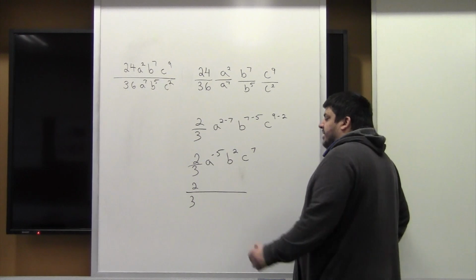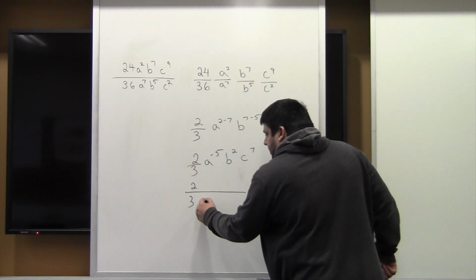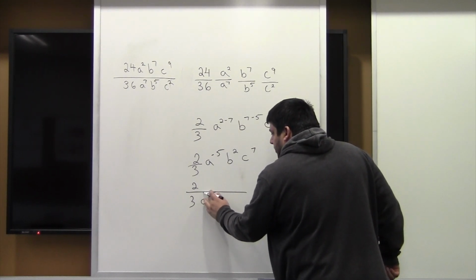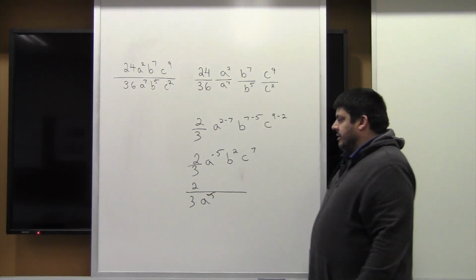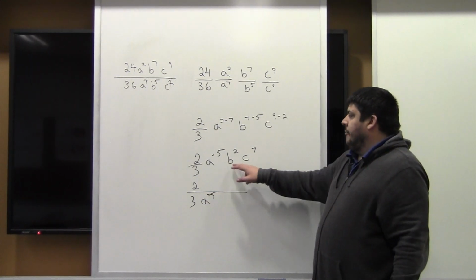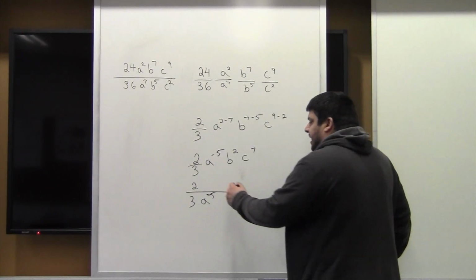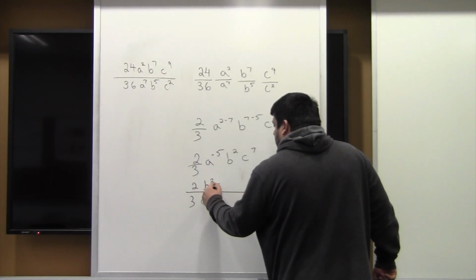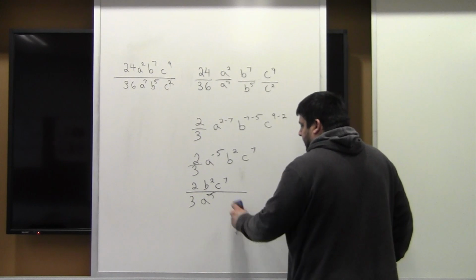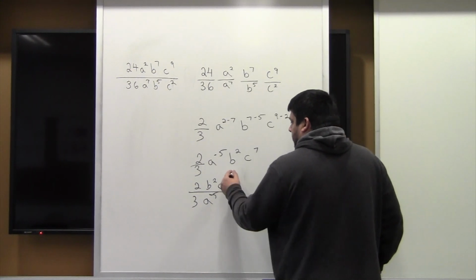So, we have an a to the negative 5. That goes down here. And we have a b squared and a c to the 7th. Those are positive. Those stay up here. All right, and then we can kind of shorten that up.